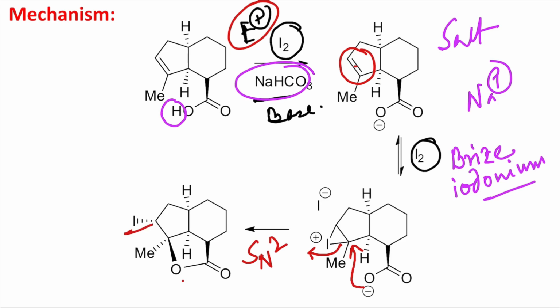Since this is an epoxide-like opening by a nucleophilic attack, the opening is in anti-fashion. I have already discussed a dedicated lecture on epoxide opening under basic and acidic conditions, so you may visit there for better understanding of the concept.